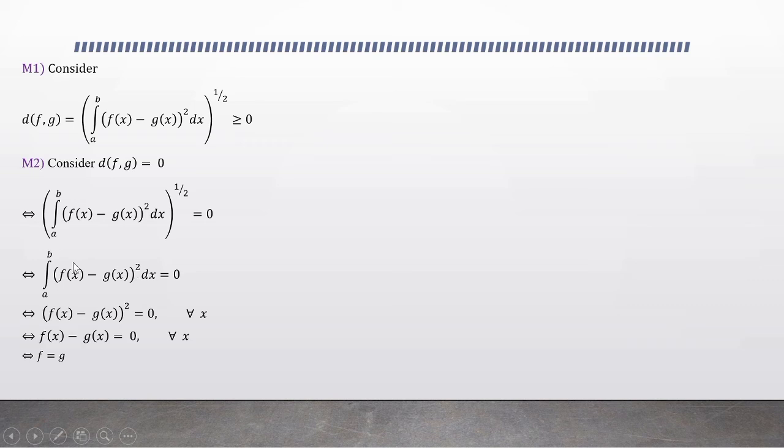So we must have (f of x minus g of x) bracket square equal to 0. From that we get f of x minus g of x is equal to 0. It implies f equal to g. So it satisfies the coincidence.